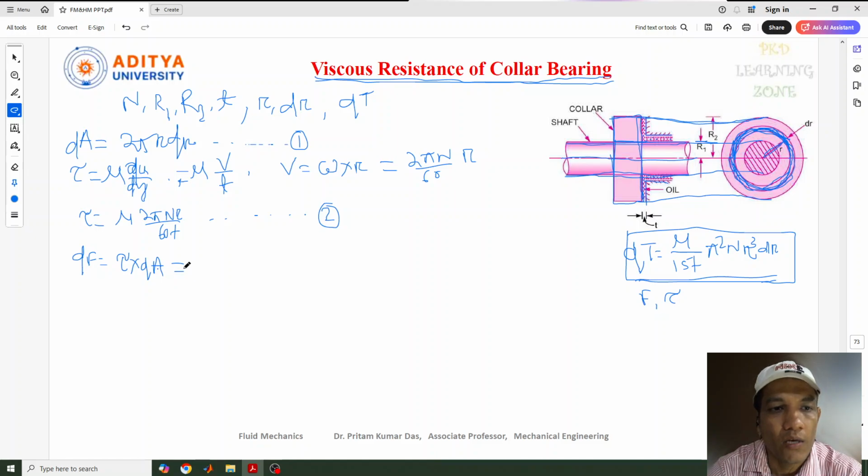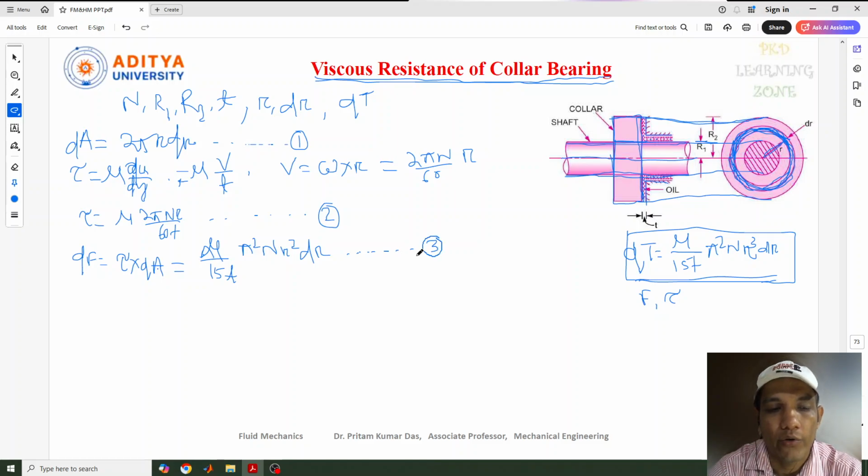So we can write this dF finally as mu by 15t, because 2 and 2 make 4, which cancels with 60, so 15 will be there. Again we get 2 pi, so pi square, only a single N, and 2r, so r square will come, then dr. So this is the dF equation. This one we can call equation 3.